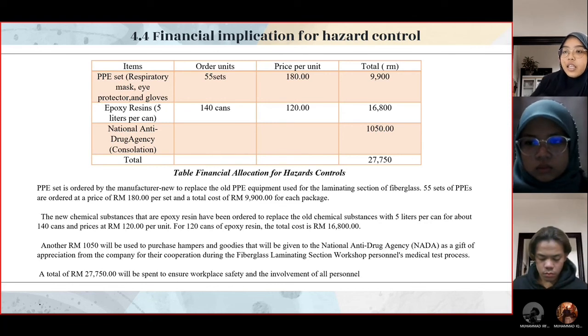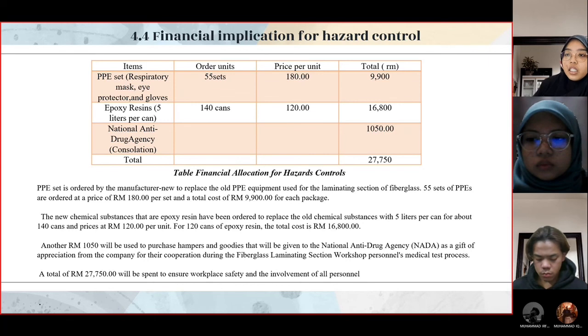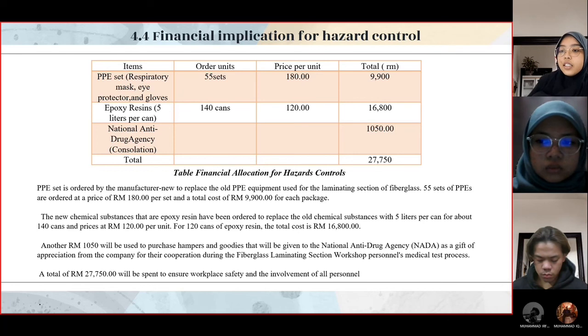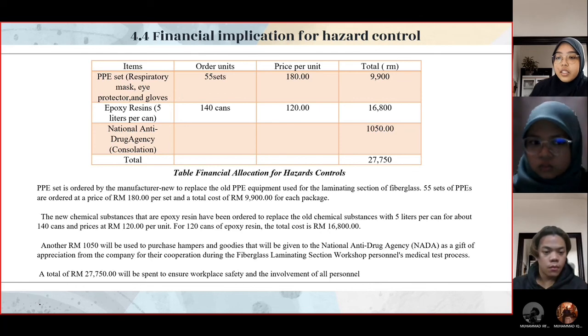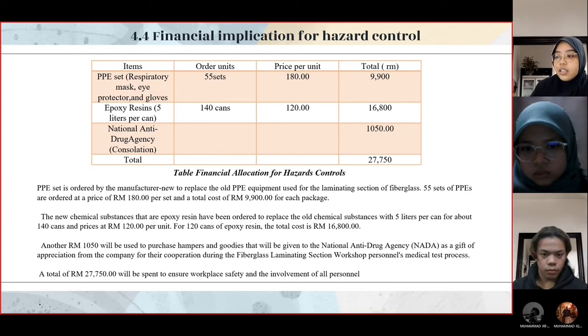For PPE set, they order 55 sets. For resin, they order 140 cans. And the total financing allocation for hazard control is 27,750.